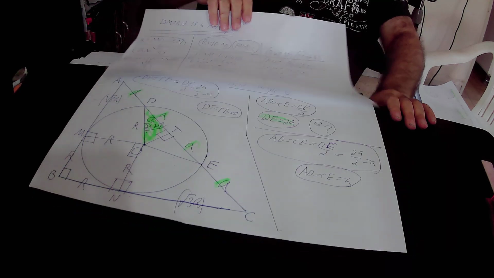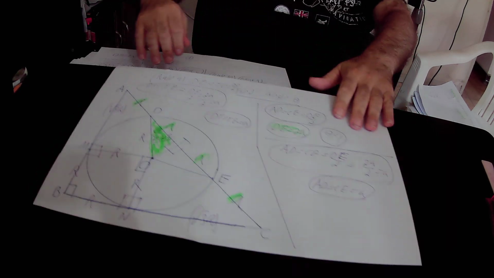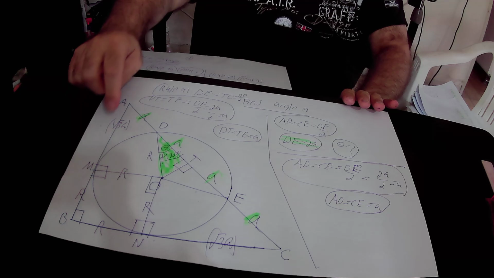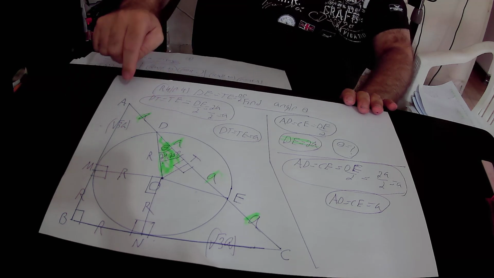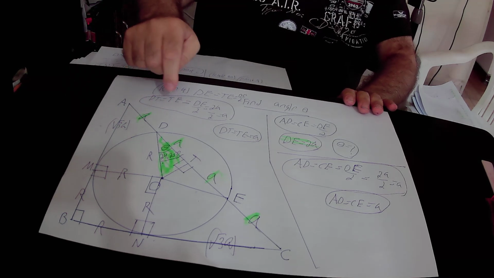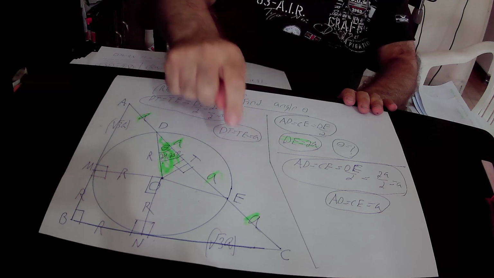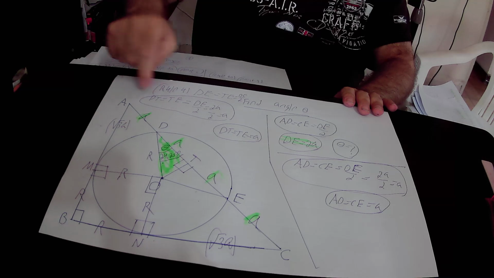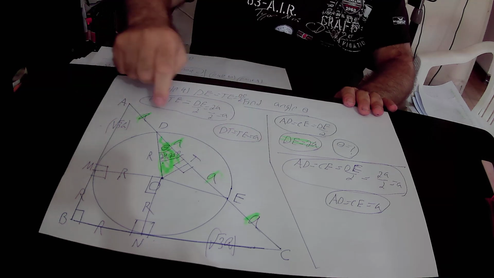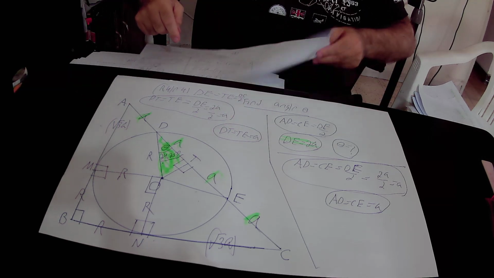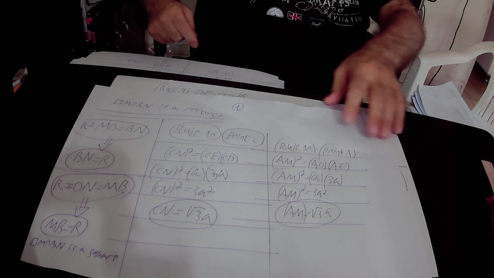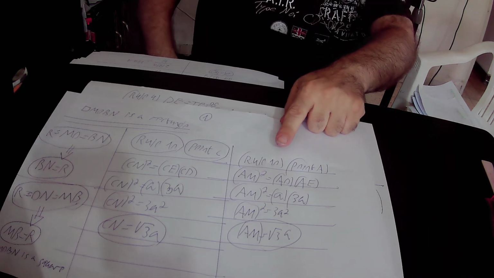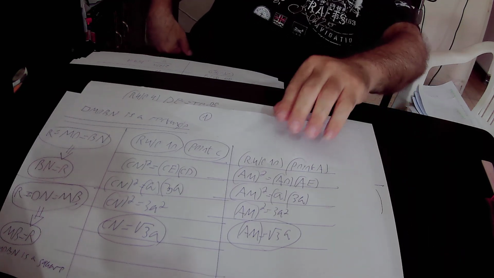Likewise, we focus on the external point A. From the external point A, we have tangent AM to the circle, and from point A a straight line that intersects the circle at points D and E. Therefore, according to rule number 10, AM squared equals AD times AE.